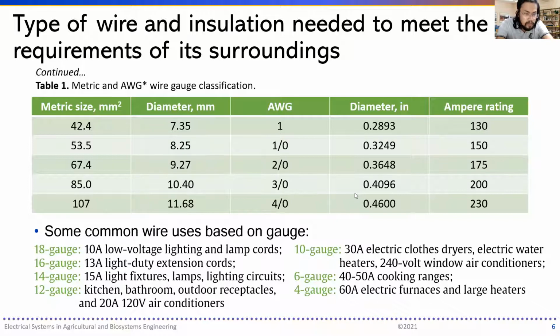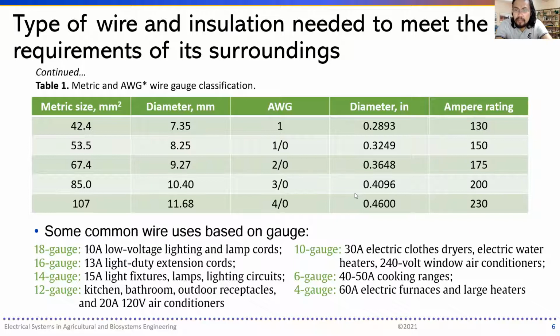The 12 gauge for kitchen, bathroom, outdoor receptacles, and 120-volt air conditioners supporting 20 amperes. The 10 gauge, these are for electric clothes dryers and 240-volt window air conditioners supporting 30 amperes.